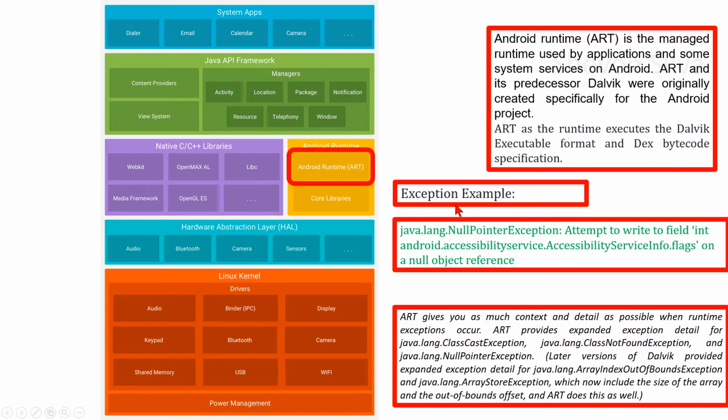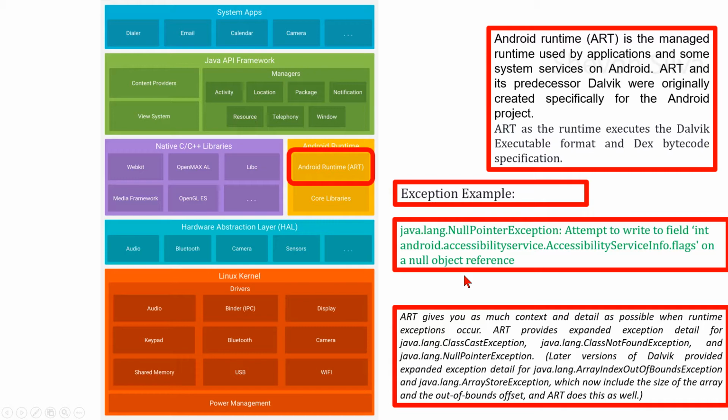As an exception example, java.lang.NullPointerException: attempt to write to field int android.accessibilityservice.AccessibilityServiceInfo.flags on a null object reference. ART gives you as much context and detail as possible when runtime exceptions occur.